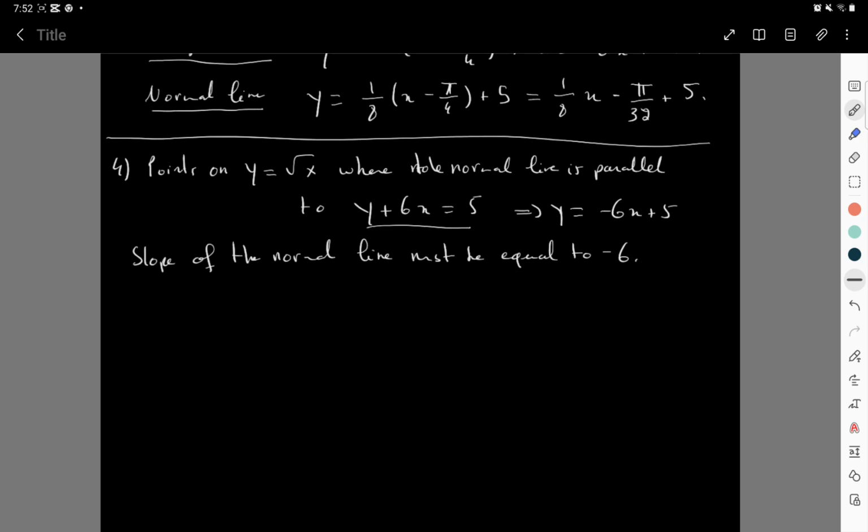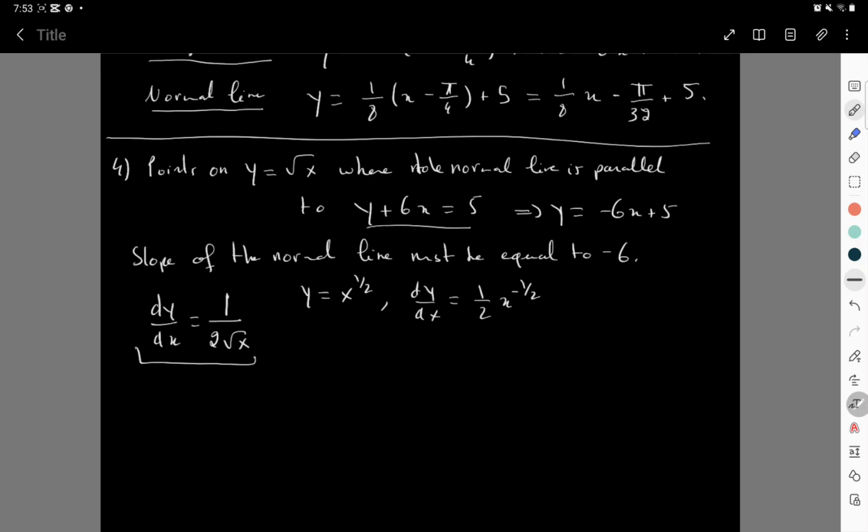Now what is the slope of the normal line? First of all, I have to compute the derivative. dy by dx is the derivative of root x, which is 1 over 2 root x. We can see this by looking at y is x to the 1/2. So dy by dx is 1/2 x to the negative 1/2, right? 1/2 minus 1. dy by dx is the slope of the tangent line.